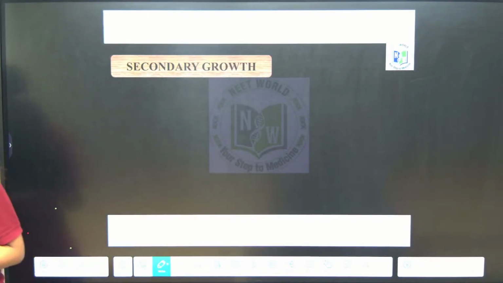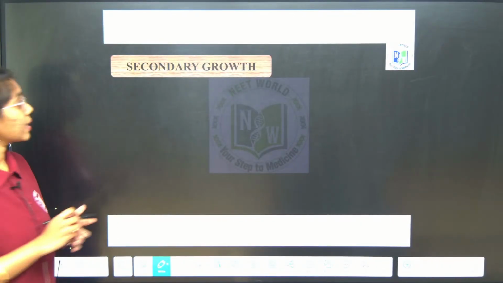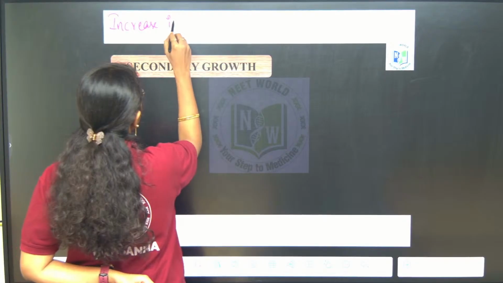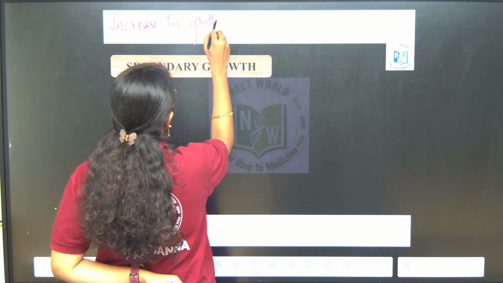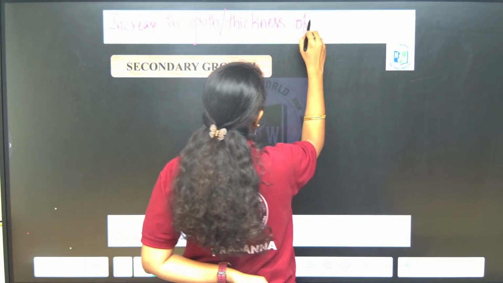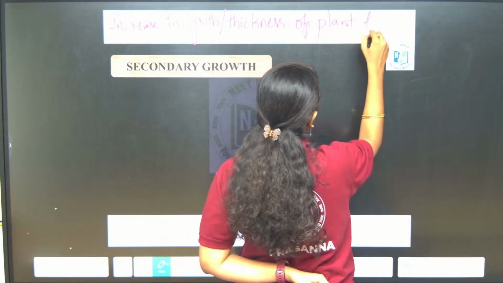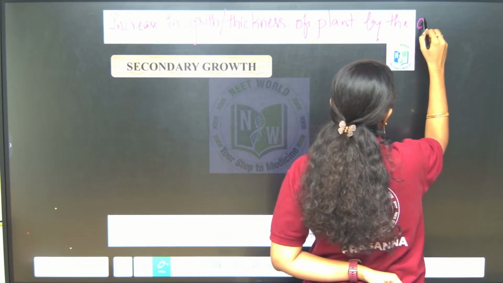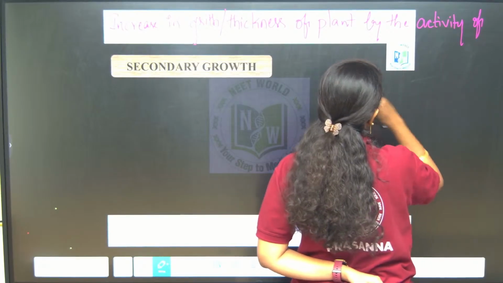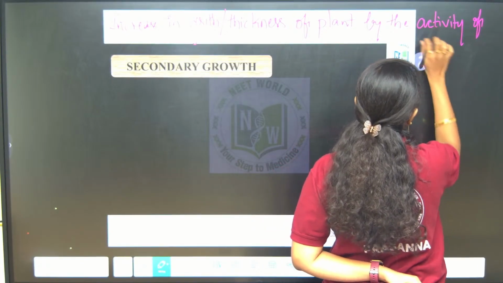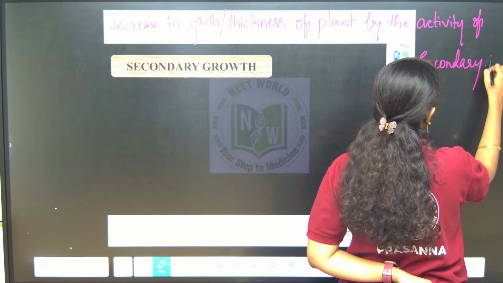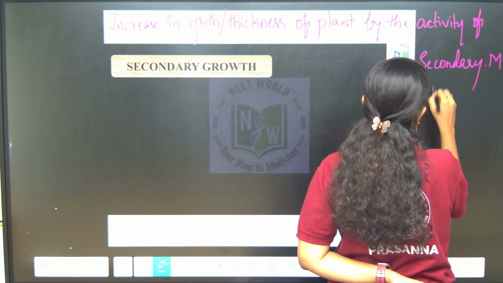Take down: increase in girth or thickness of plant by the activity of secondary meristems or lateral meristems.